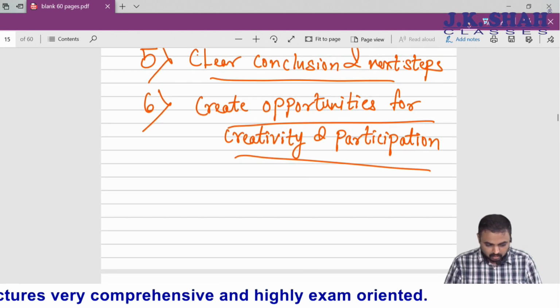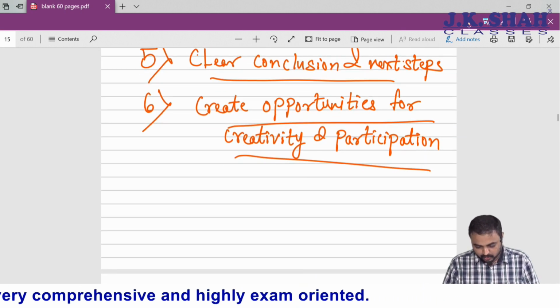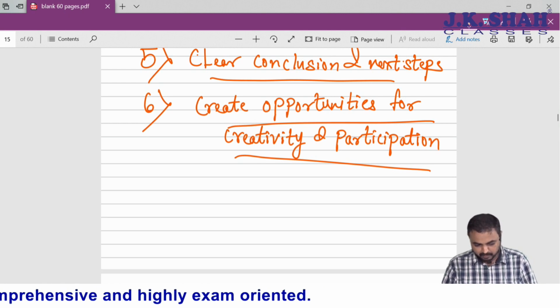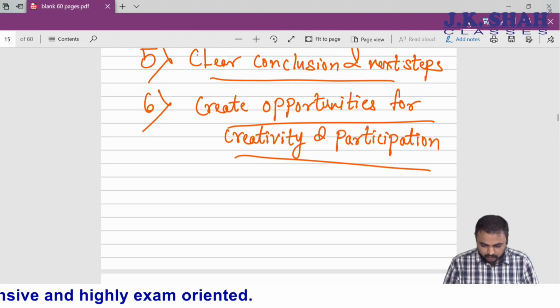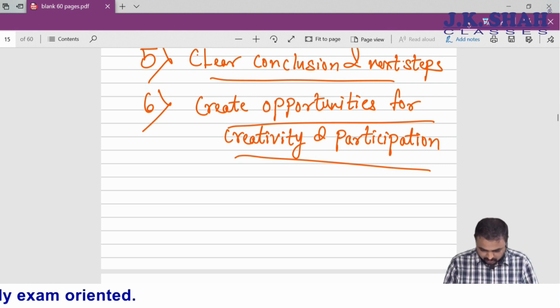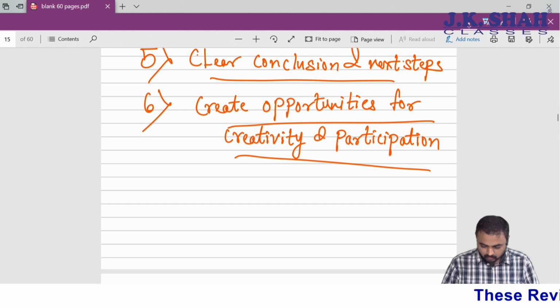Sixth one should create opportunities for creativity and participation. It means the meeting should not be top centric. There should be active participation from senior management as well as from the juniors. They should give their feedback. It will help to build better teamwork.